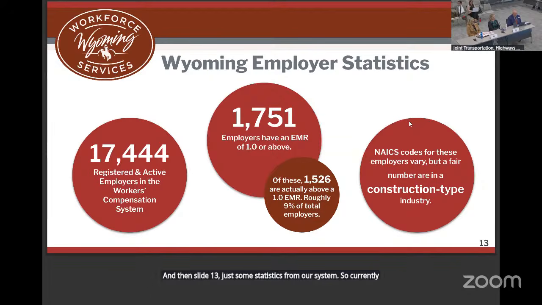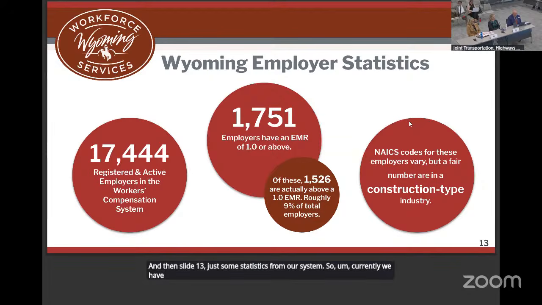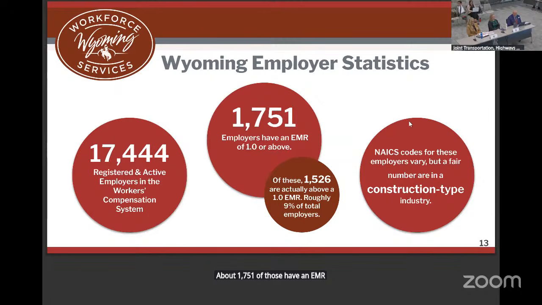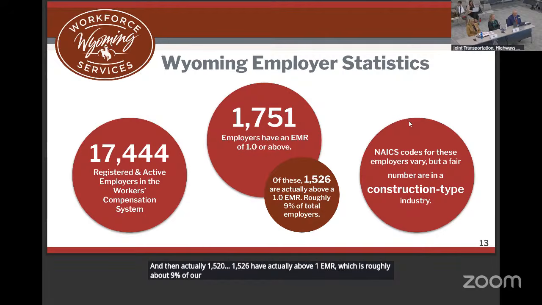And then slide 13, just some statistics from our system. So currently we have 17,444 registered companies within our Wyoming workers' comp system. About 1,751 of those have an EMR at 1 or above, and 1,526 have actually above a 1 EMR, which is roughly about 9% of our employers.